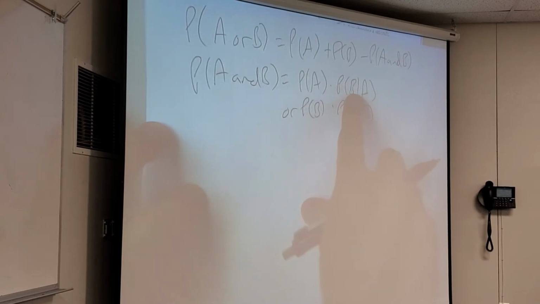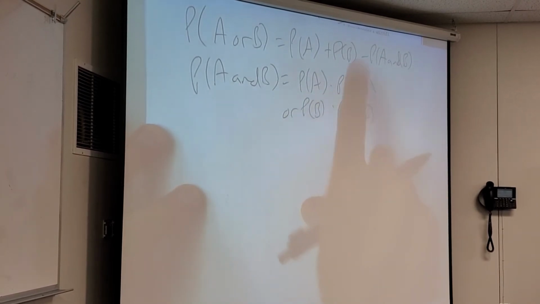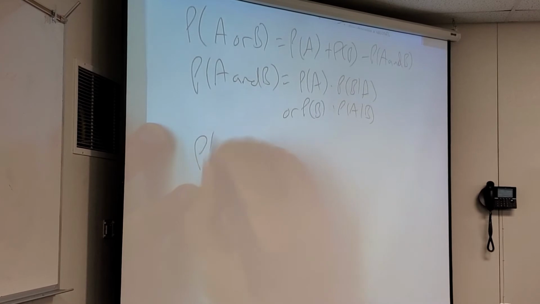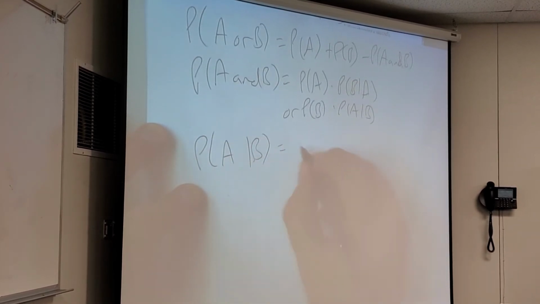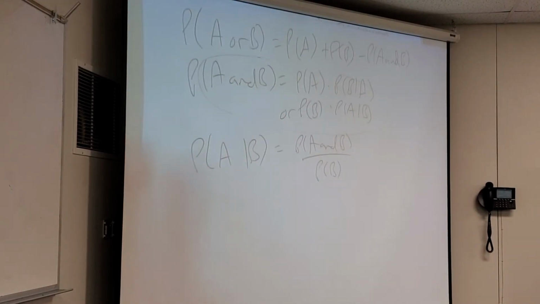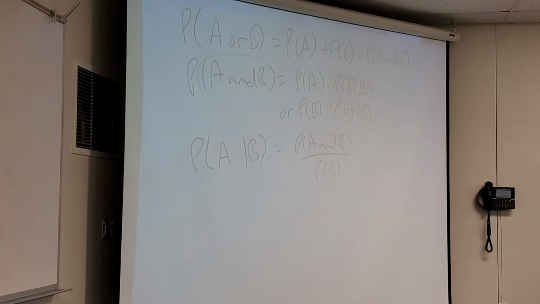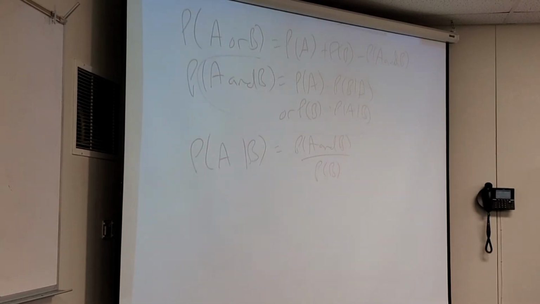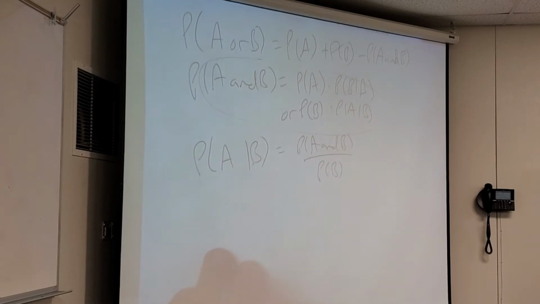This is like putting a card back in or not putting a card back in. So this could change. And then, of course, you got the probability of A given B, which we wrote earlier, which is really where this formula comes from. Okay, I like it. All right, so let's have those tucked away.